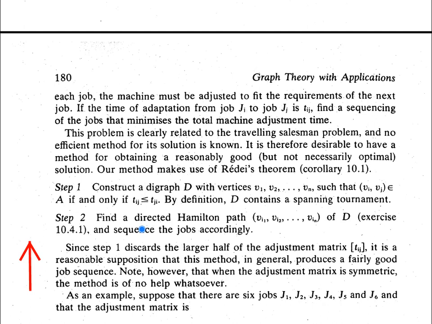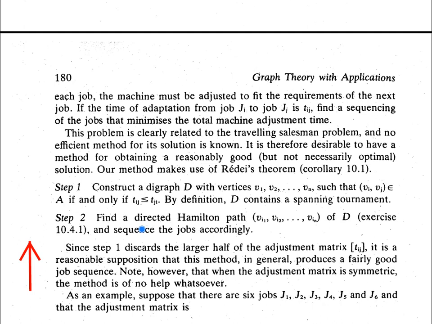And then if you have to perform all the jobs, what's the best sequence for doing it? It is a directed Hamilton path. Directed meaning that you have to follow the arrows while you touch all of the vertices, and in particular it has to be a solution of the directed problem of the, what's the name?